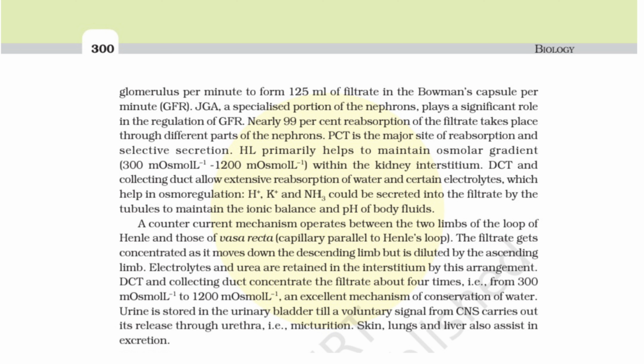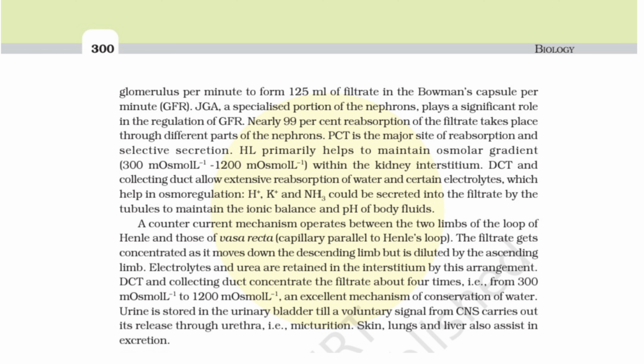Urine formation involves three main processes, that is, filtration, reabsorption, and secretion. Filtration is a non-selective process performed by the glomerulus using the glomerular capillary blood pressure. About 1200 ml of blood is filtered by the glomerulus per minute to form 125 ml of filtrate in the Bowman's capsule per minute, that is GFR.